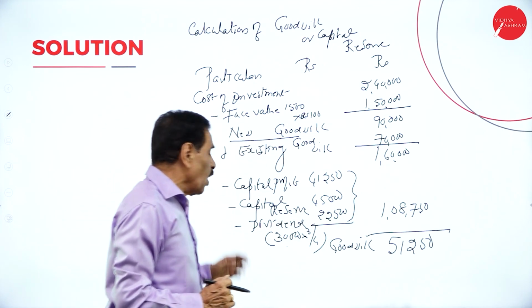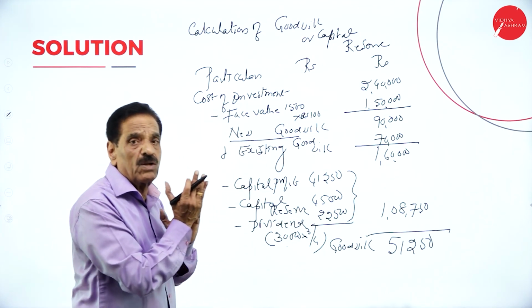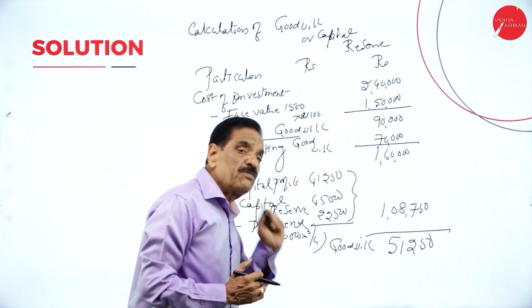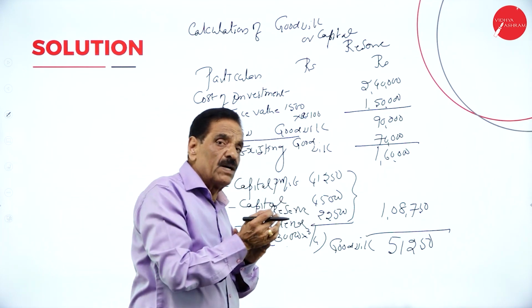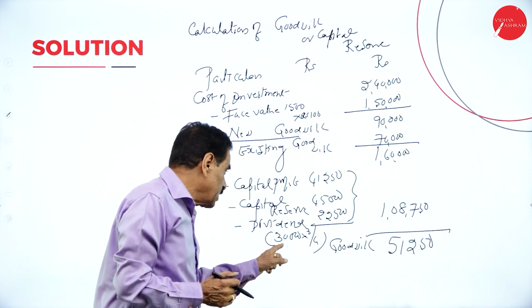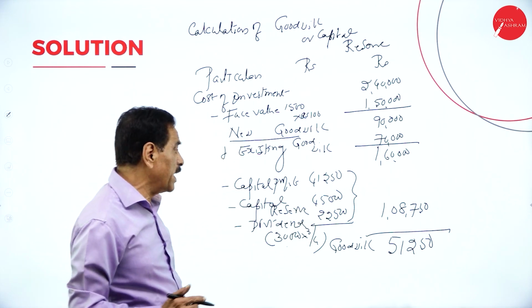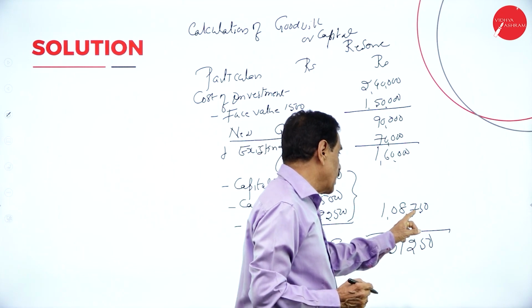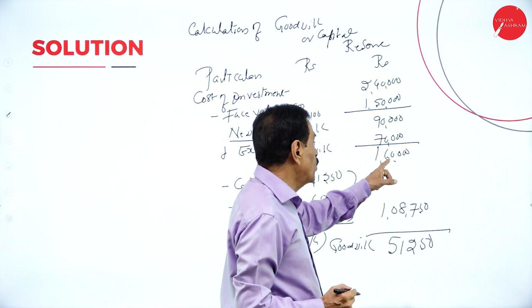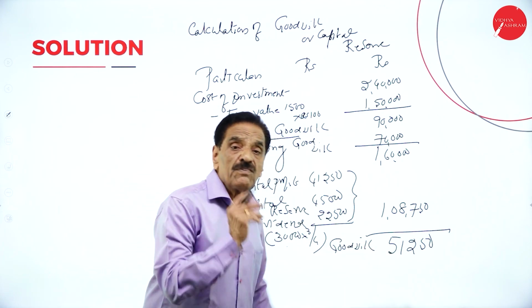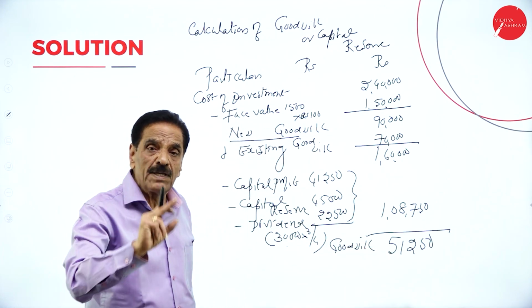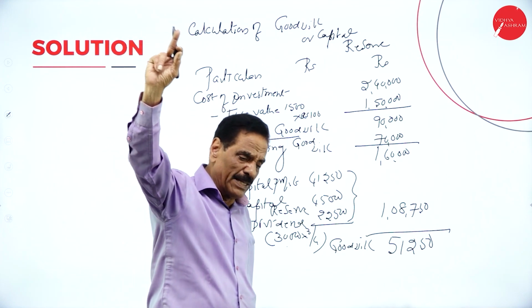Capital reserve is 45,000. Along with the dividend also transferred to the shareholder to the extent of 3/4, because they purchased only 1,500 shares. Minority does not come. Only holding company 30,000 and 3/4 is 22,500. So your capital profit will come to 1,08,750. Your goodwill is 1,60,000. Which is more? Goodwill is more to the extent of 51,250, which will come on the asset side of the balance sheet.